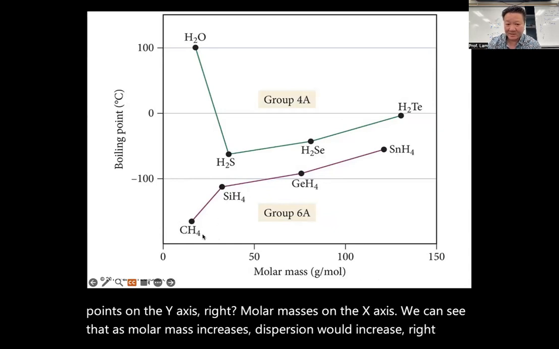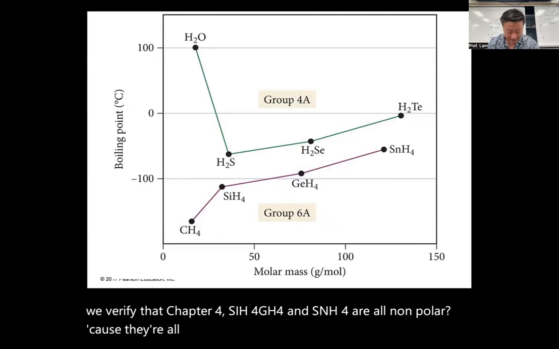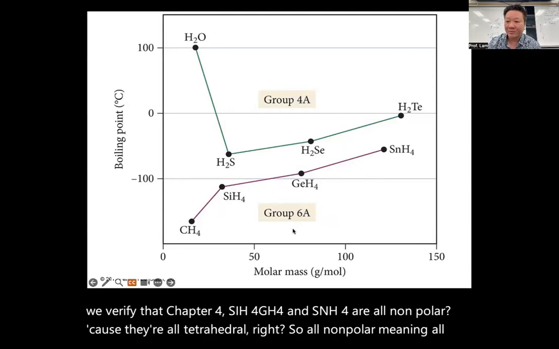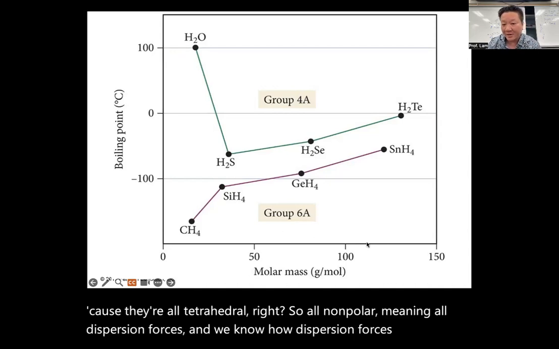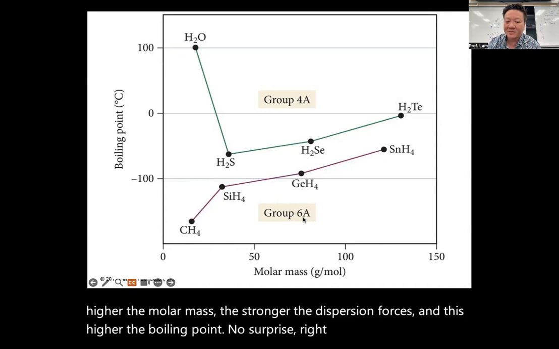Can we verify that CH4, SiH4, GeH4, and SnH4 are all nonpolar? Because they're all tetrahedral, right? So all nonpolar, meaning all dispersion forces. And we know how dispersion forces work. The higher the molar mass, the stronger the dispersion forces, and the higher the boiling point. No surprise, right? No surprise in group 4A.